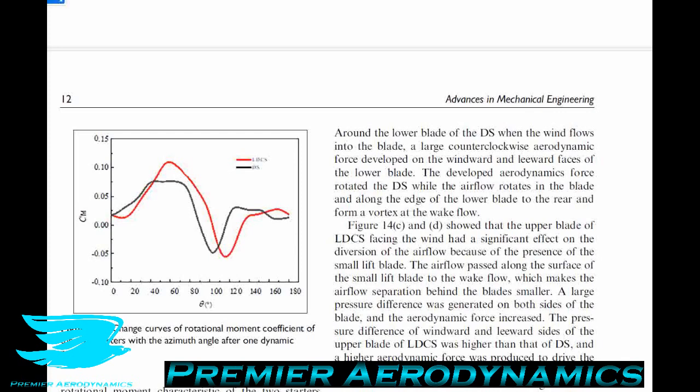But the maximum rotational moment coefficient of the lift and drag blades is significantly higher than the drag only blades, being 0.12 compared to 0.08 respectively. So that means the maximum rotational moment coefficient the lift and drag blades produce is better.